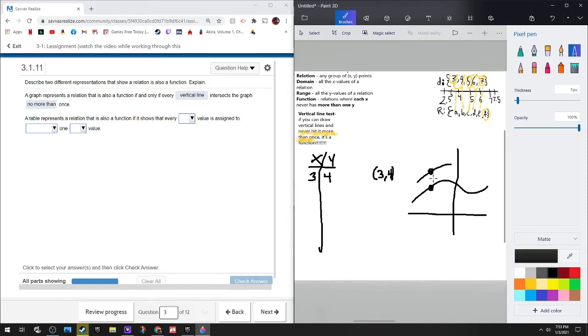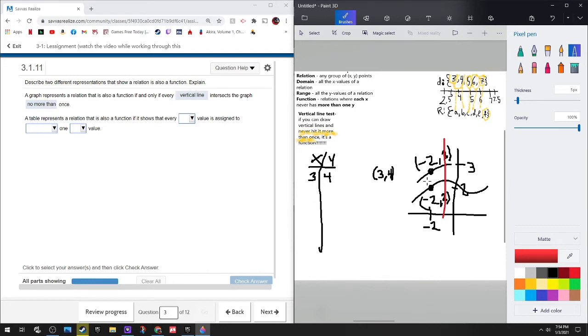If this was at the x value -2, this would be -2 comma 2. If we said this was 2 right here, and let's say this is 3, now we have -2 comma 3. So visually we can say this isn't a function because it fails the vertical line test. It hits it twice.